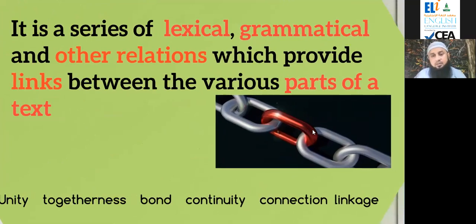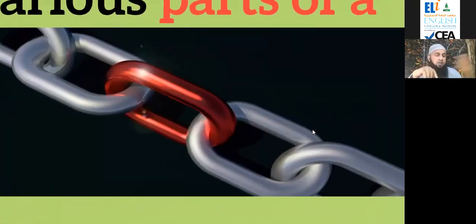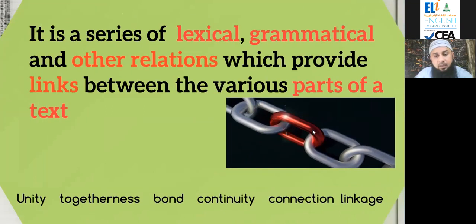Now look at this. One sentence is gray colored, other one, and that red thing links both, chains it. It makes it strong, unified together. And it is a bond, continuity, something that makes text thicker, look better.